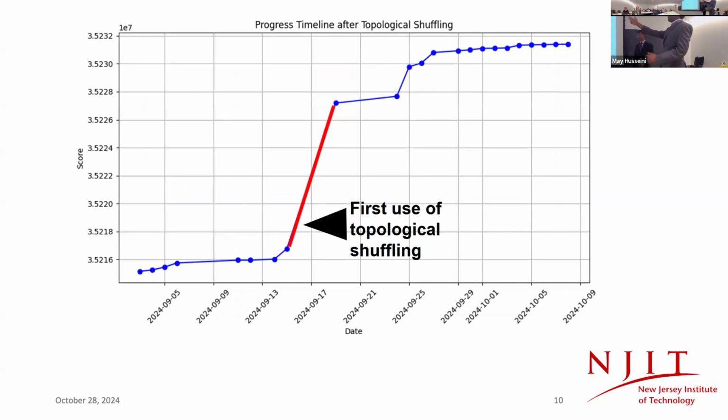And this is the scaled up version of the topological shuffling effect. You can see that it's plateauing right before we use topological shuffle. Then right after we use it, while I was in class that day, it's a huge improvement, about 1,000-fold improvement of delta compared to before.